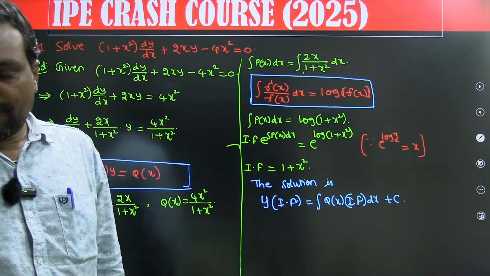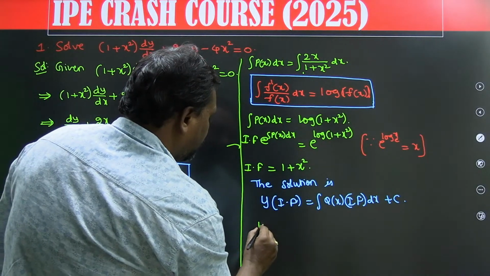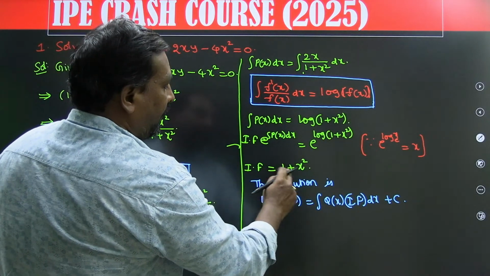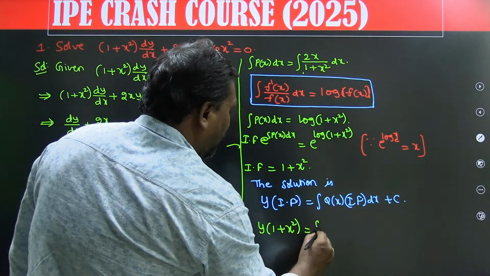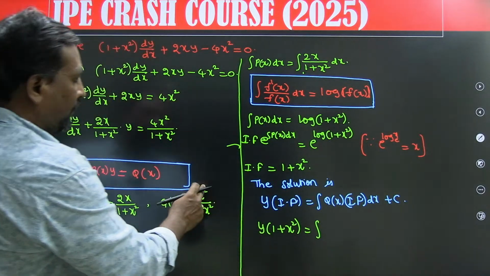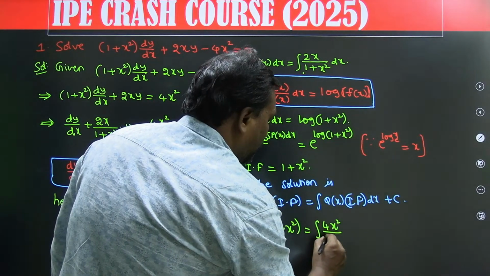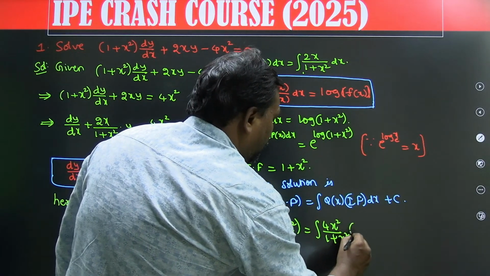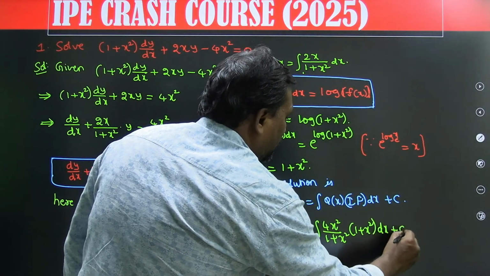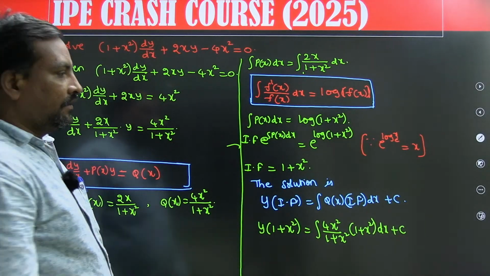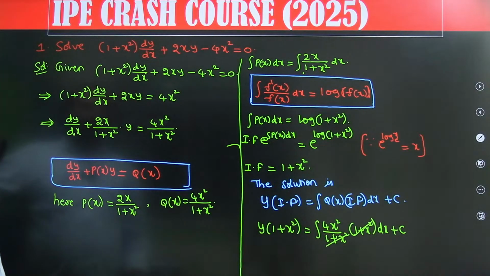So substituting in this: y into IF is (1 plus x square). Integral of q of x, where q of x is 4x square by (1 plus x square), into (1 plus x square) dx plus constant c. So this (1 plus x square) and this (1 plus x square) will be cancelled.